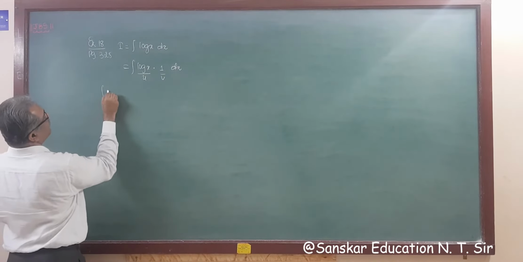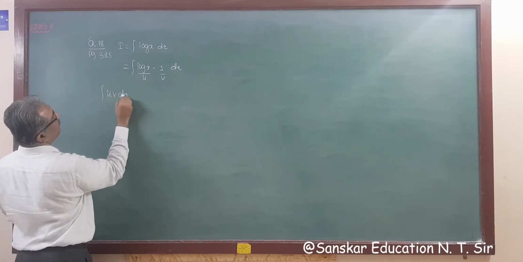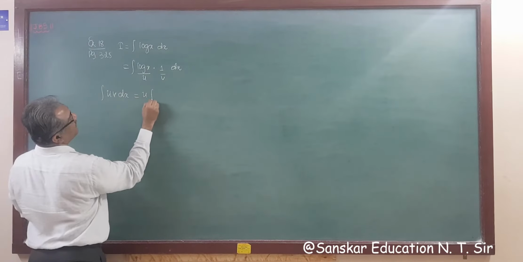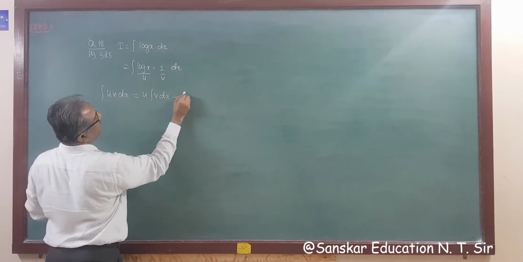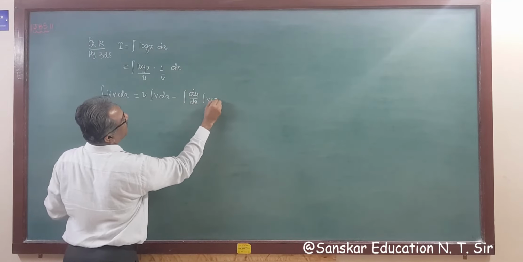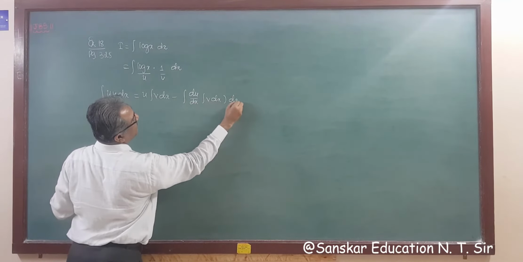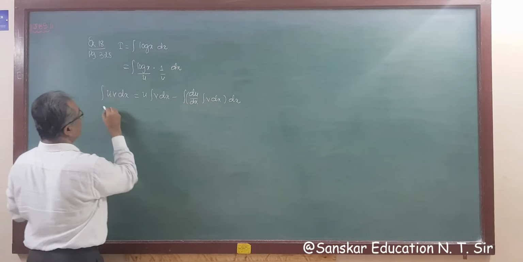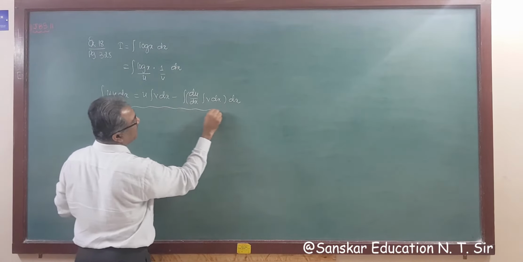So the integration by parts formula for integration uv dx is u integration v dx minus integration du by dx integration v dx, bracket over dx. This is the formula that we have to apply.